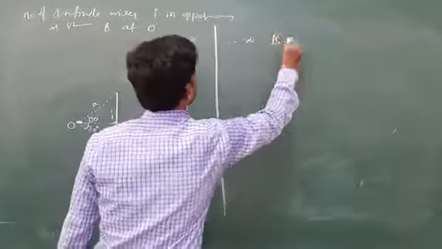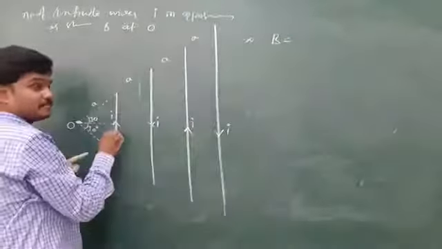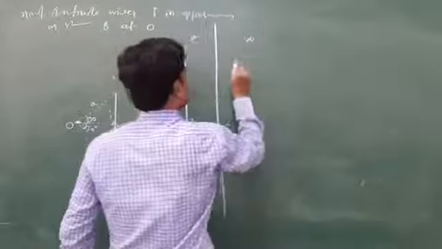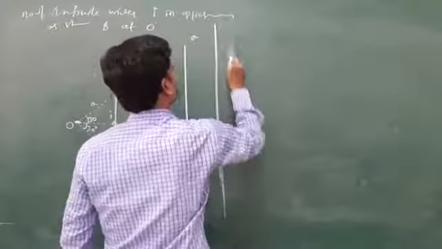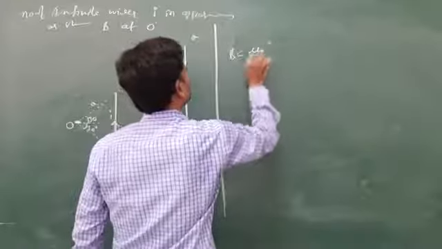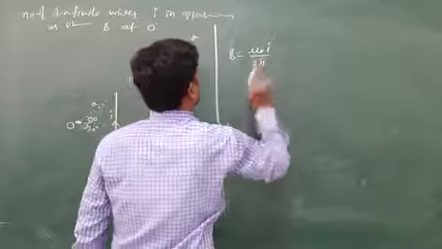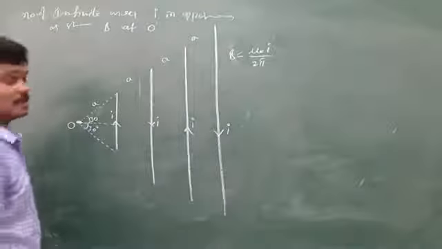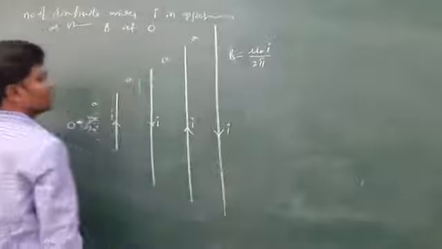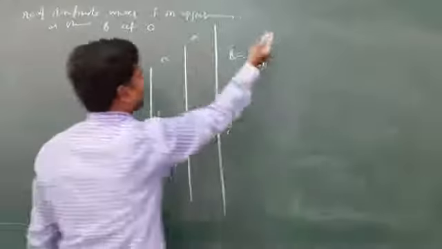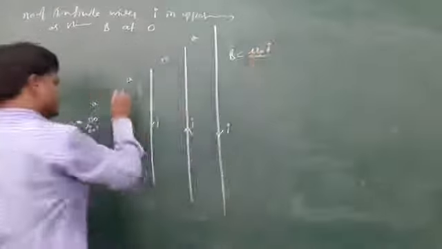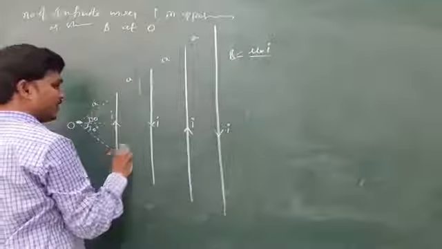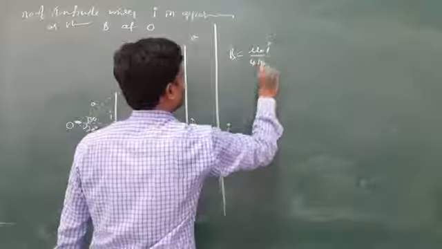So B is equal to, due to this wire, mu naught over 2 pi r, the infinite wire formula. Otherwise, use the regular formula. So due to this wire, mu naught I by 4 pi d. What is d?